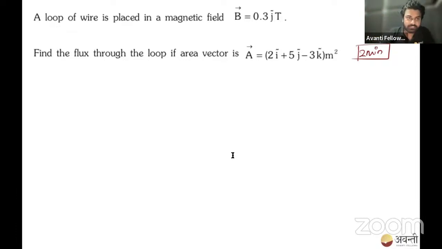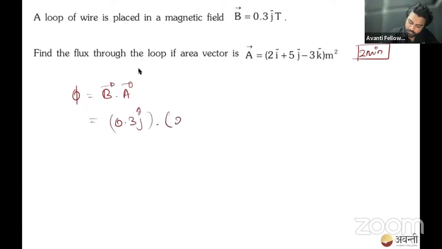Chalo, let's do it quickly. All of you, pay attention here. So it is telling there is a loop of wire placed in a magnetic field. Find the flux through the loop if the area is this. So flux is equal to B vector dot A vector. B vector is 0.3 j cap dot 2i plus 5j minus 3k.